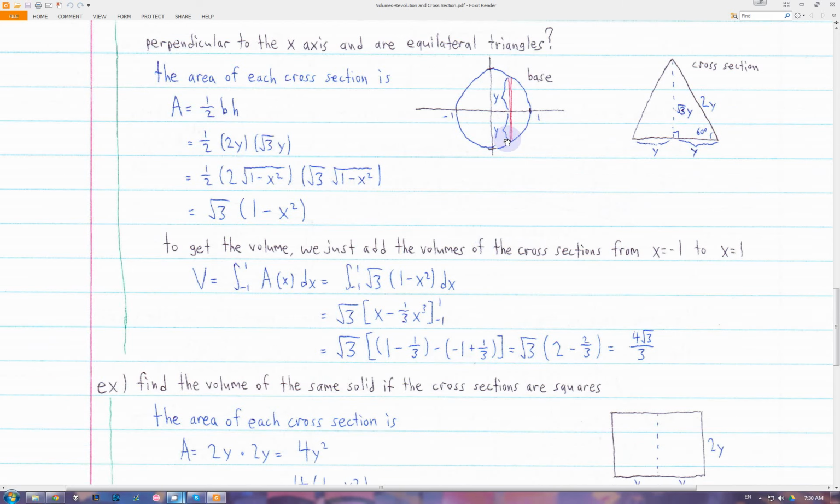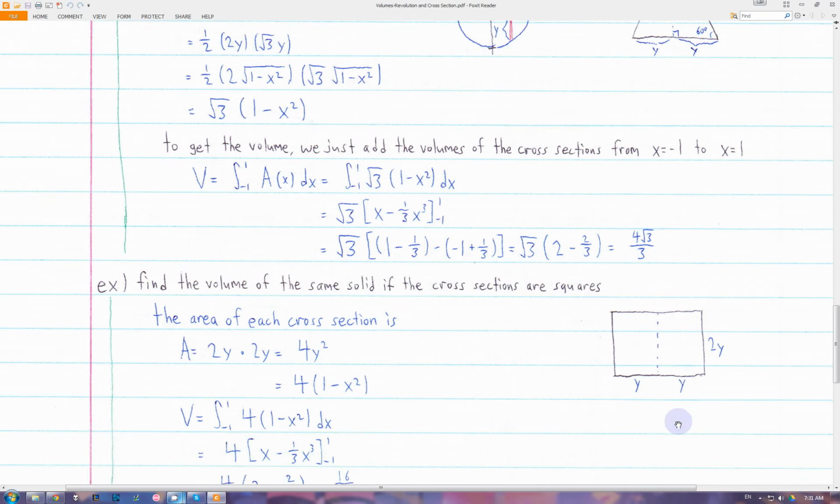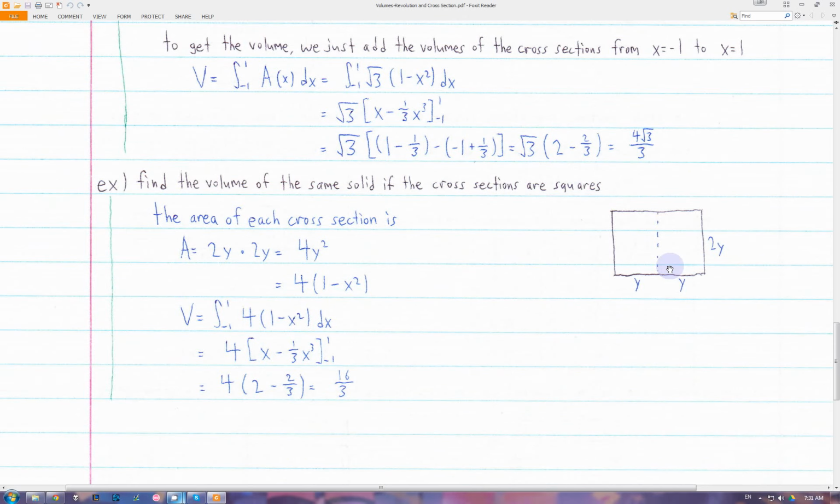What if we have the same base of the solid, but instead of putting triangles on top of it, we put squares on top of it? The side of each square, since it goes from here to here, will be 2y. And so the area of each square cross-section will just be 2y squared.